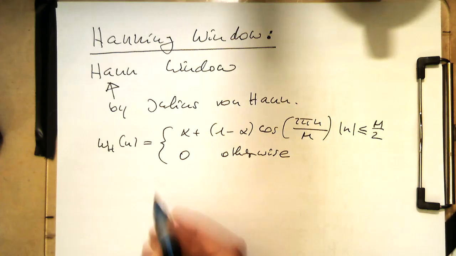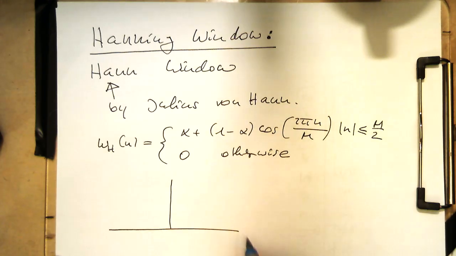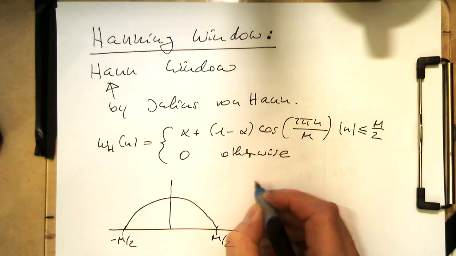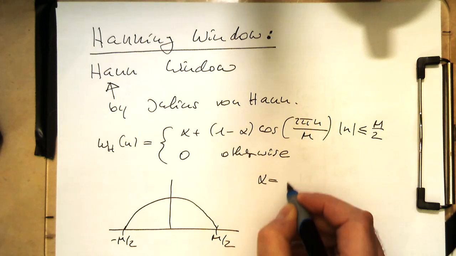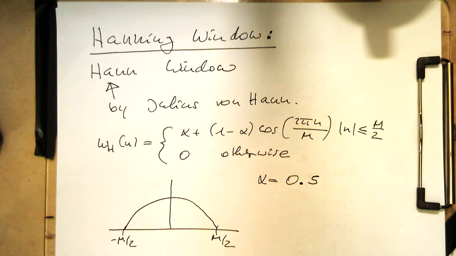So if we plot that, there's M half and there's minus M half, then this is essentially something like a cosine. I should mention the alpha factor is 0.5. So that's the Hanning window function.